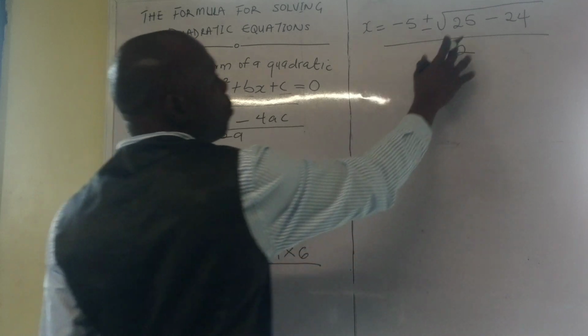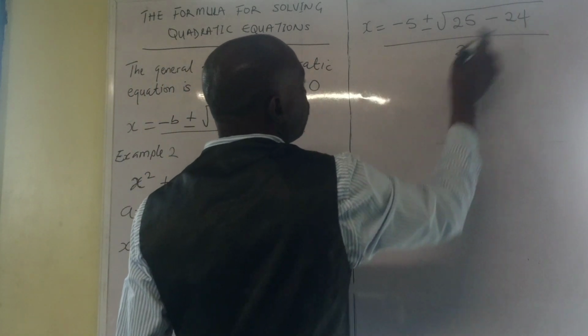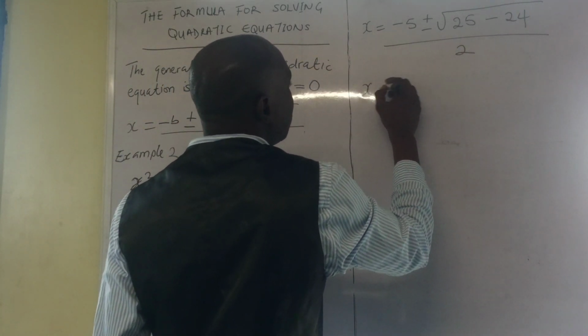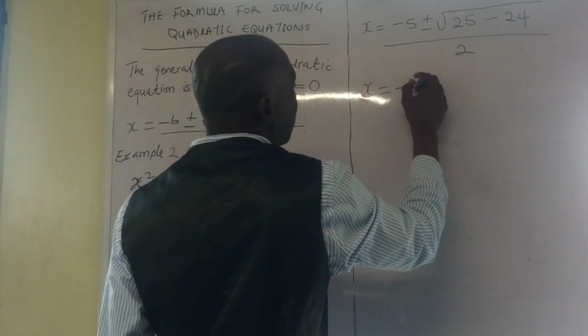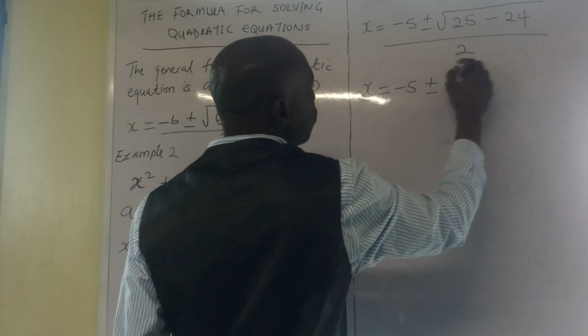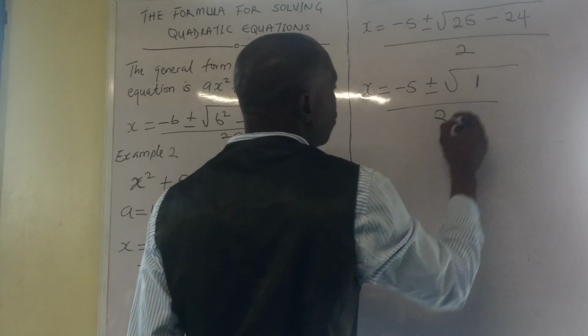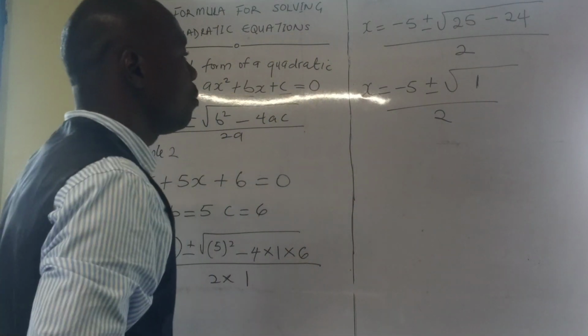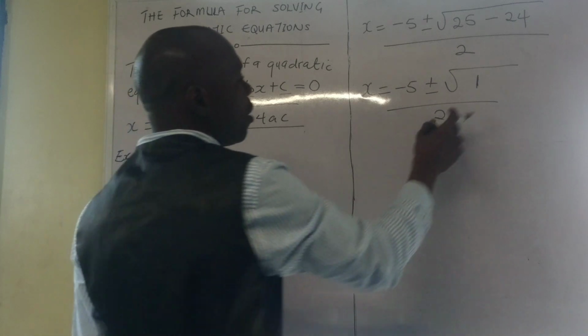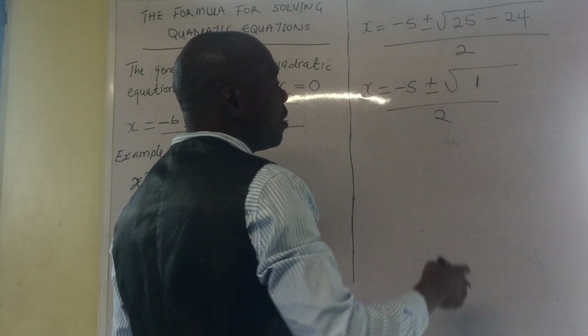Then we go further. If you remove this one, to give you x equals minus 5 plus or minus root, this one will give you 1 all over 2. Then from here now, if you look for the square root of 1, it's still 1.